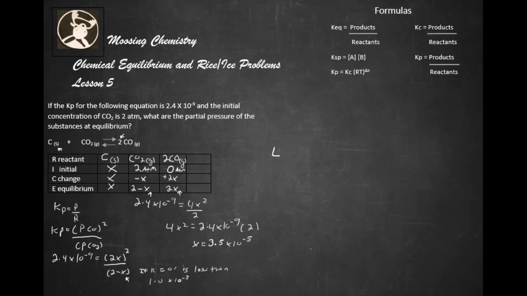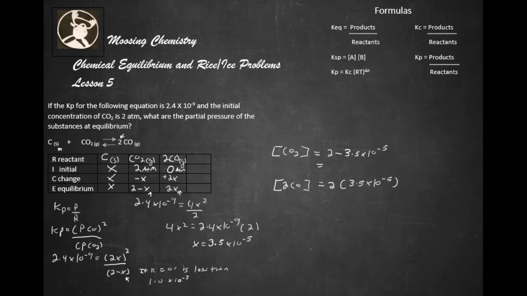So the concentration for the CO2 is going to equal 2 minus 3.5 times 10 to the negative 5th. And the other one, the 2CO, is going to be 2 times 3.5 times 10 to the negative 5th.